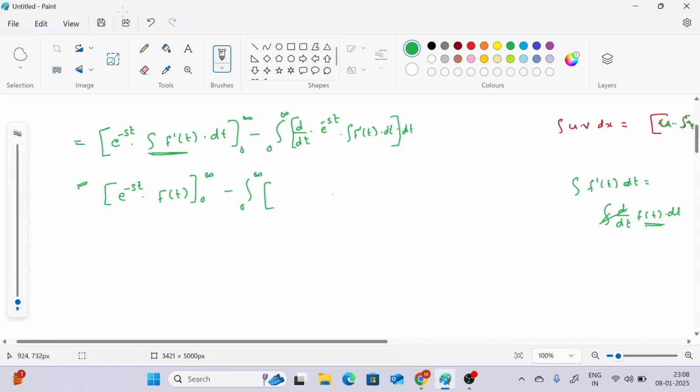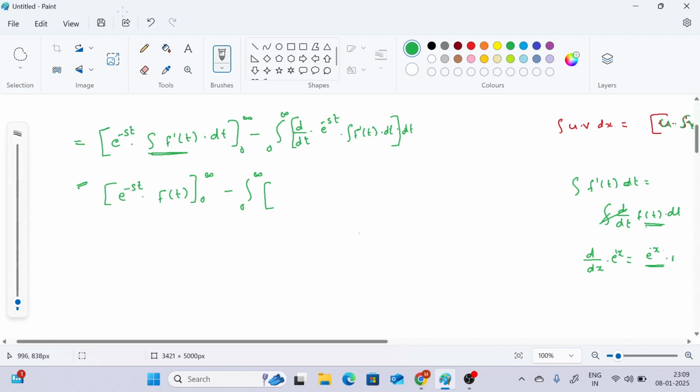Now we have to get the derivative of e raised to minus st. So we have the standard formula for the derivative: d by dx of e raised to x will be e raised to x into 1, because it is with respect to x. So the constant here is 1.